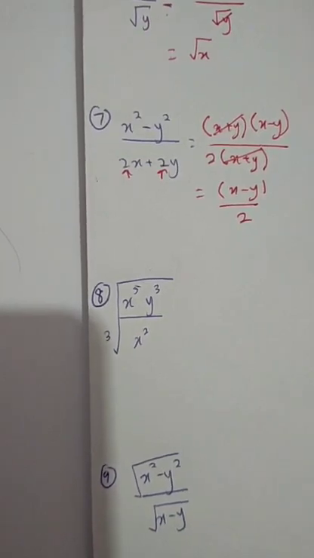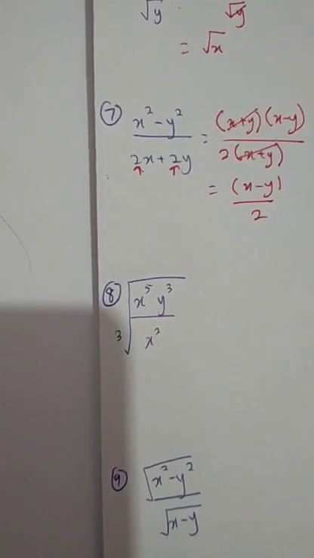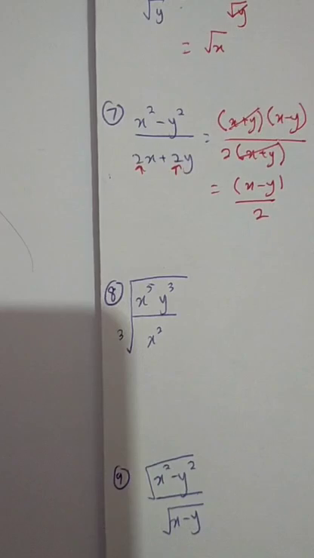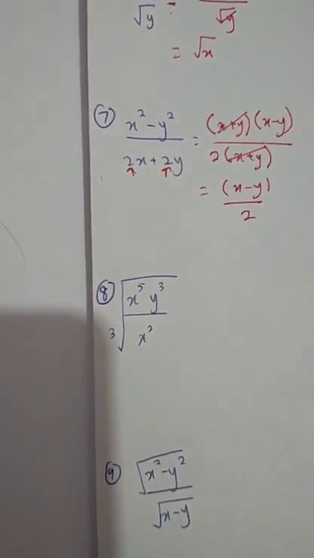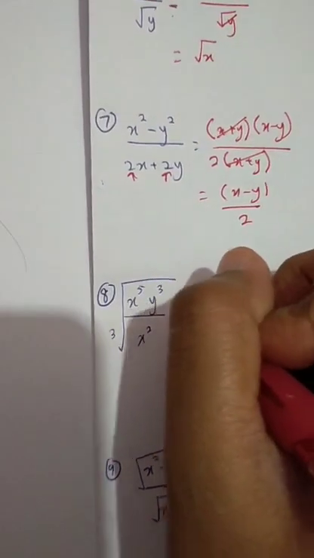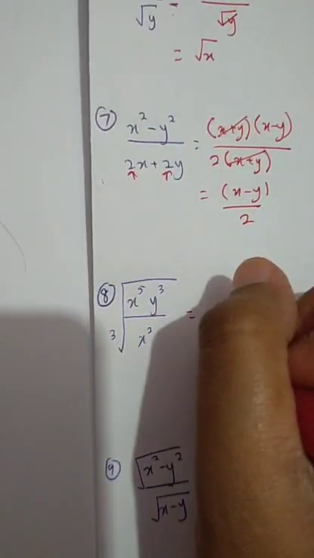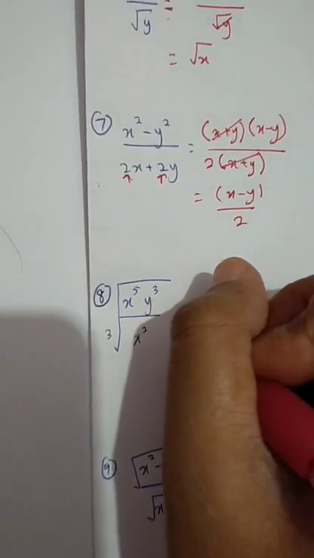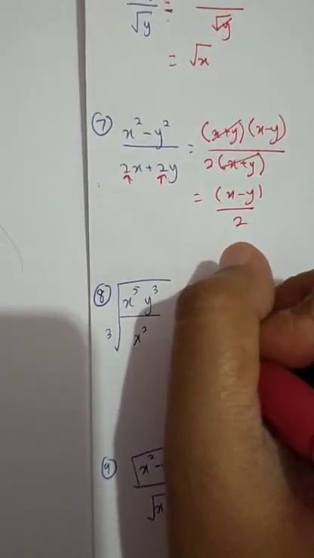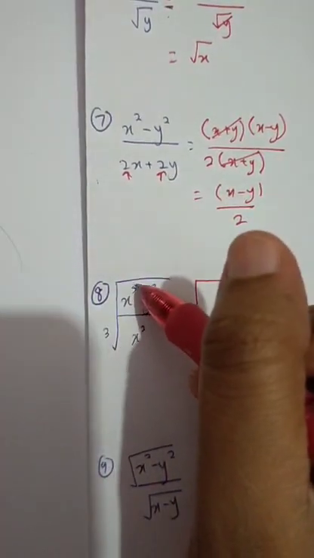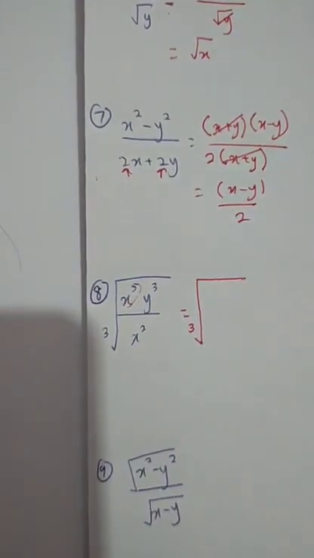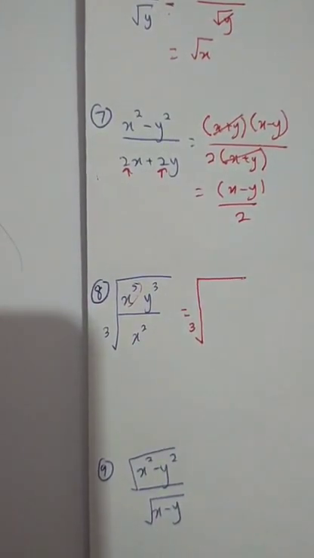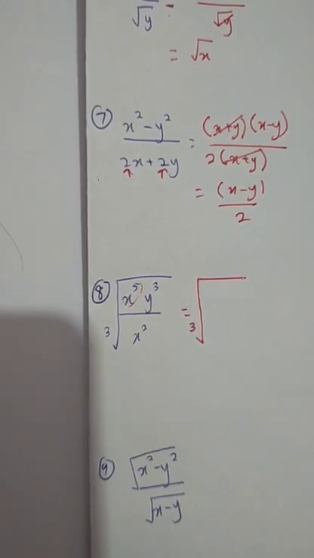Okay, then the next question: the cube root of x to the power of 5 times y cubed over x squared. First, what we can do is, here is a cube root, right? So these are two similar things, x to the power of 5 divided by x to the power of 2, so you can do x to the power of 5 minus 2.